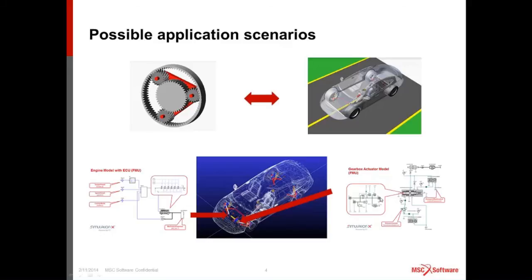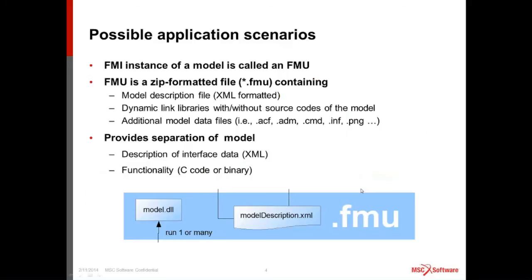to see how the vehicle behaves with all the components modeled. And as I mentioned earlier, the functional mockup unit is actually the implementation of FMI. The FMU is just a zip formatted file, and it contains a model description file, which is XML formatted, and a dynamic link library with or without the source code of the actual model.